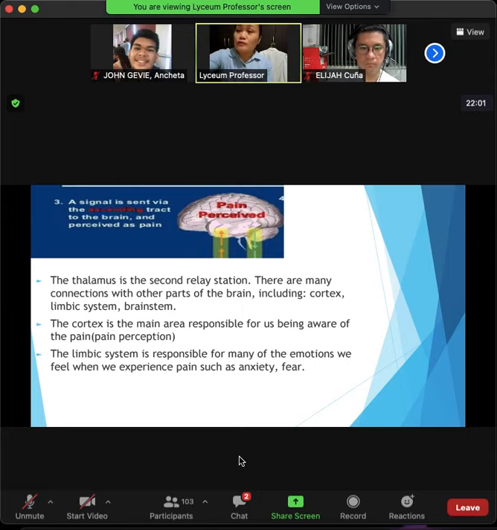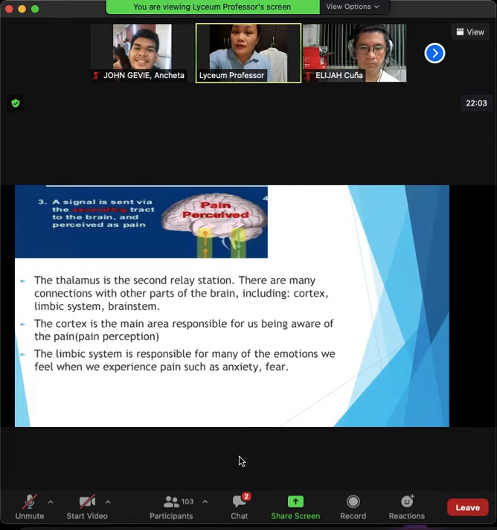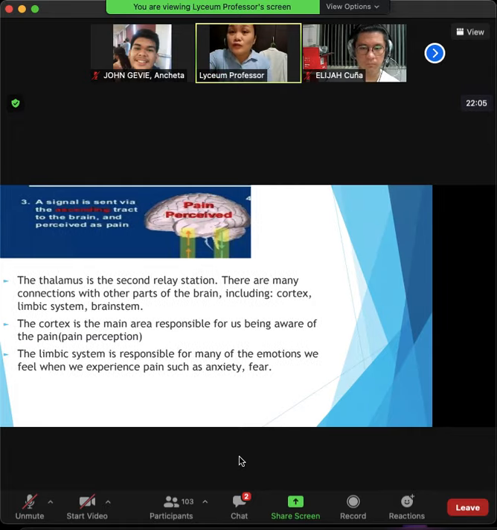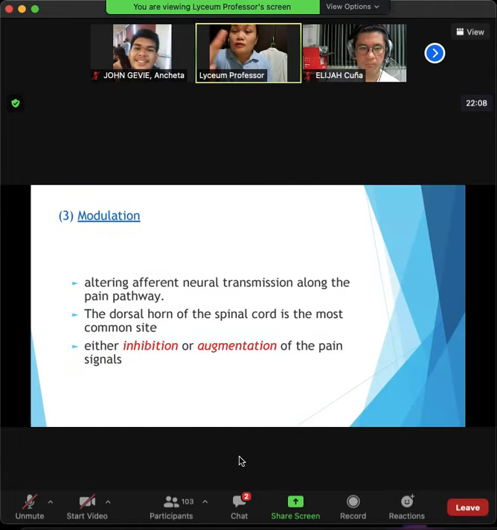So that is also known as modulation, where you alter your afferent neural transmission along the pain pathway, either inhibition or augmentation of the pain signals.